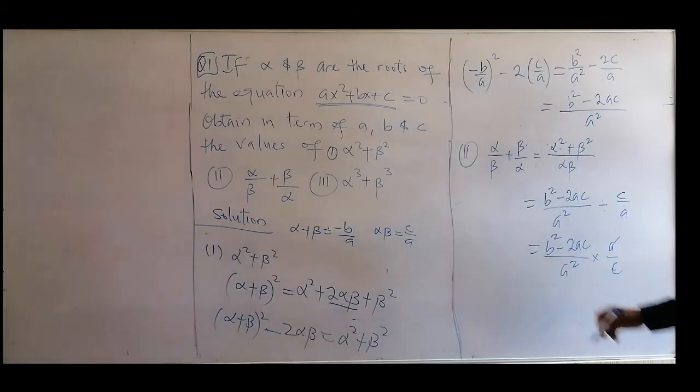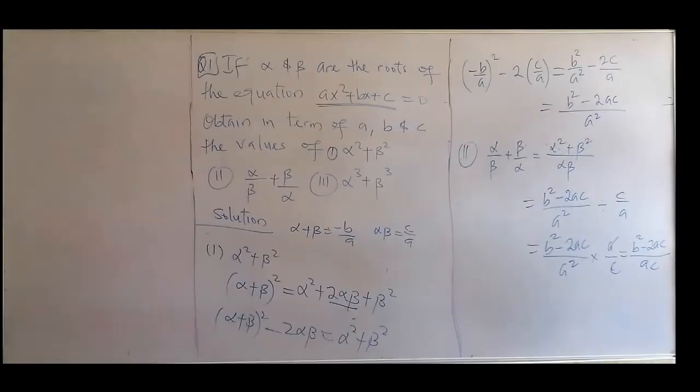So a here, 1, a here. So I'm having b square minus 2ac all over ac. So that's that on that number 2. b square minus 2ac over ac.